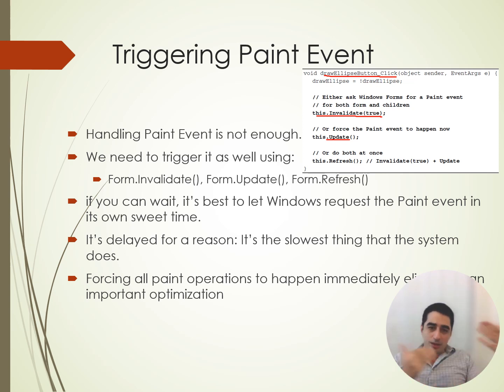The Invalidate one will trigger the Paint event soon, but the Update will force the Paint event to happen right now. And then you can use an alternative option of calling the Refresh method, which basically does both the Invalidate and Update at the same time.